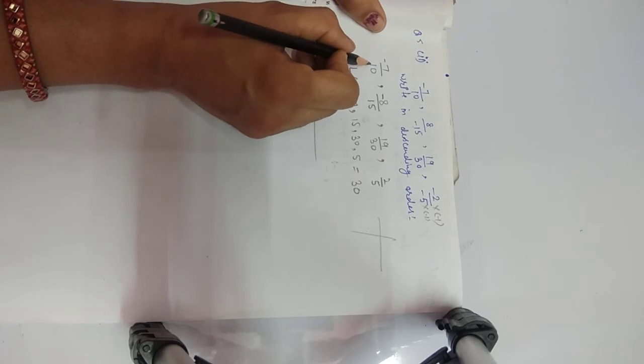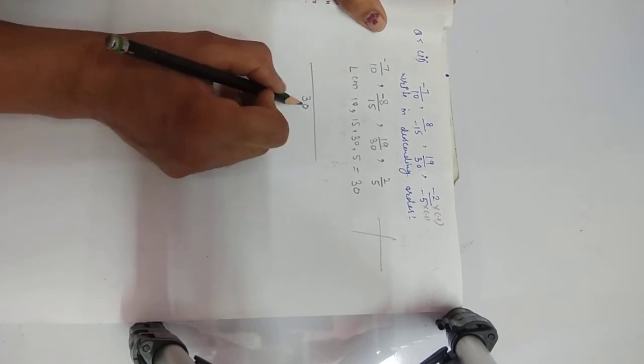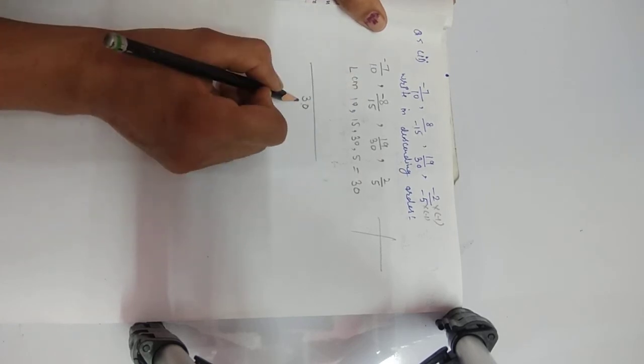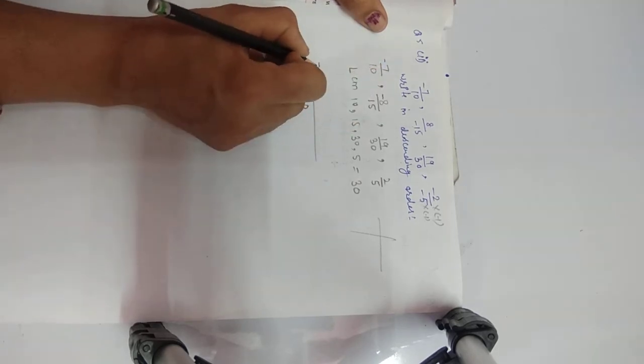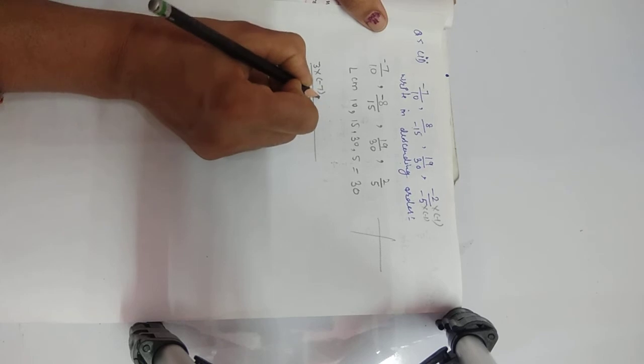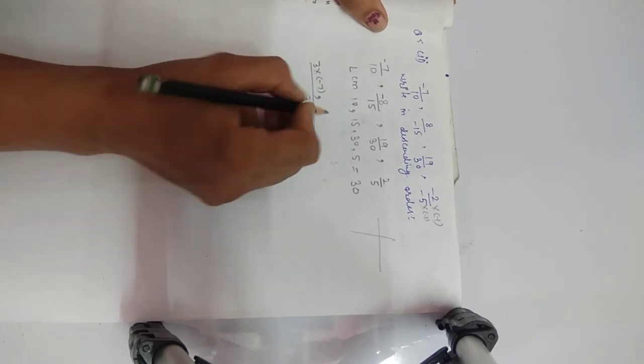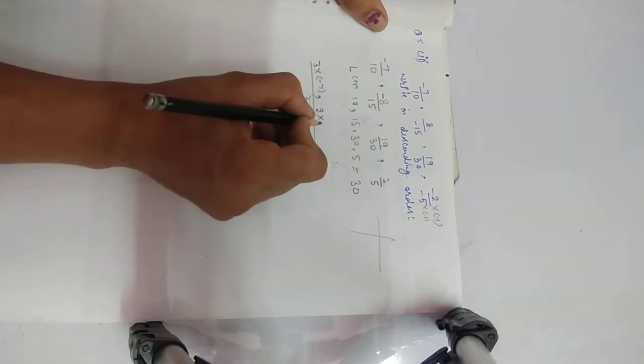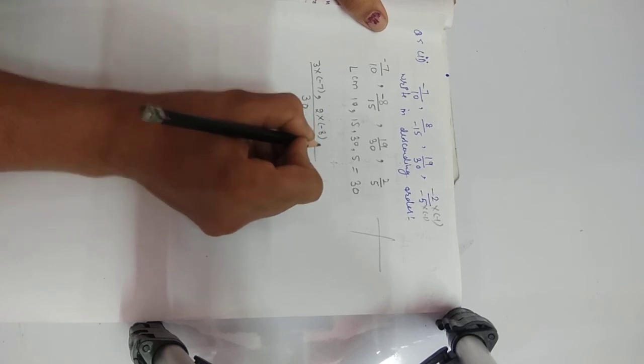LCM is 30. Now divide the LCM by the denominator. Denominator को से आप divide करेंगे LCM को. 30 divided by 10, quotient is 3 and 3 multiply minus 7. Next 30 divided by 15 is 2, 2 multiply the numerator minus 8.